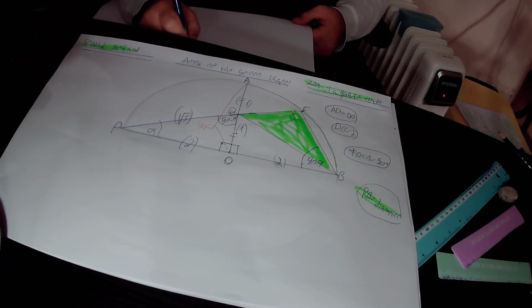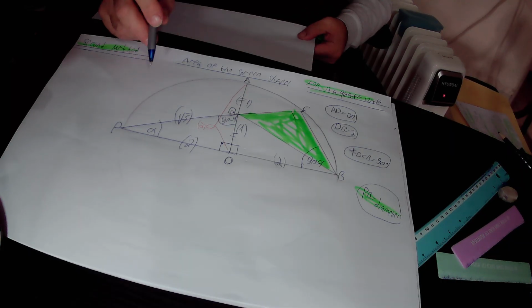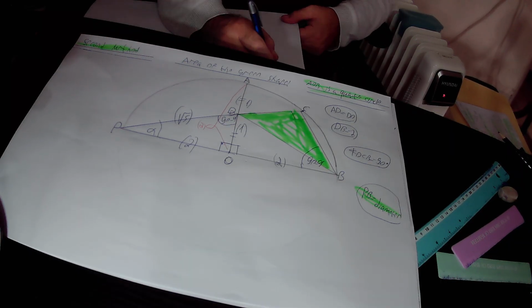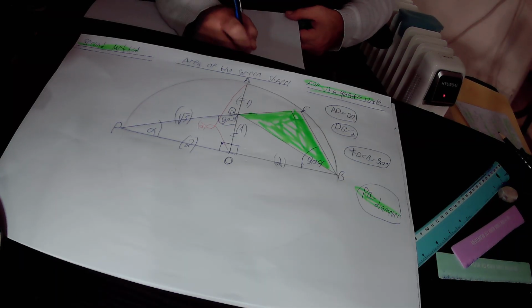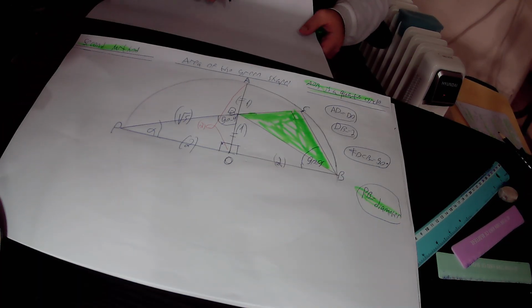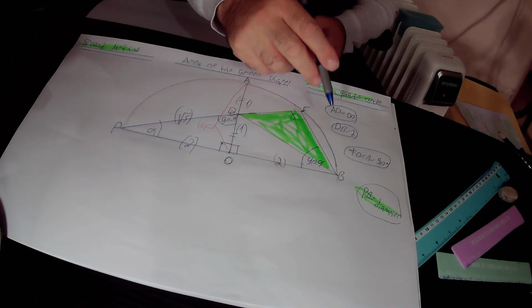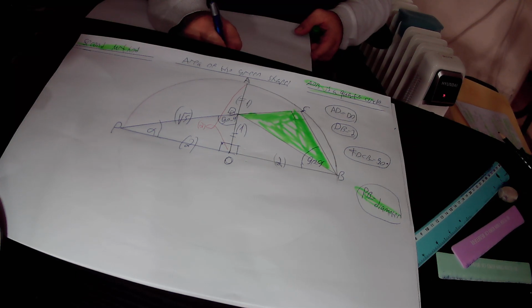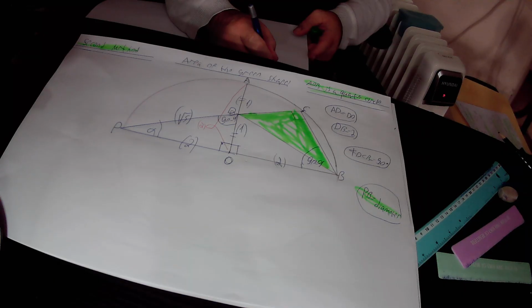So I write it down. First, we found out that this small right triangle PDO is similar, this is the sign of similarity, to this big right triangle PCB according to the angle similarity rule.